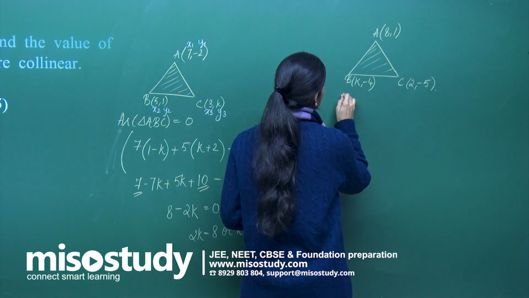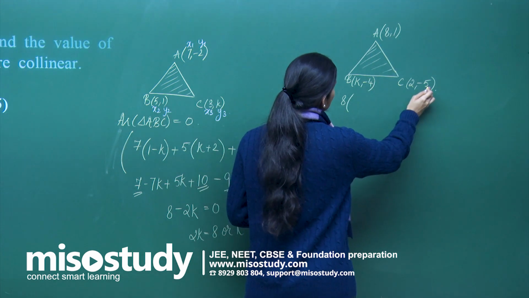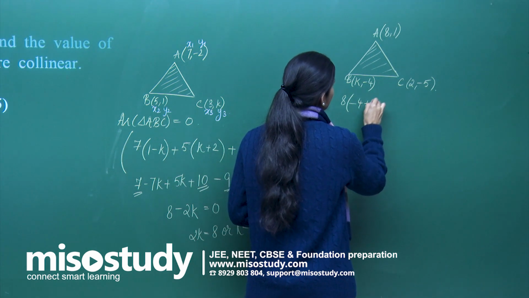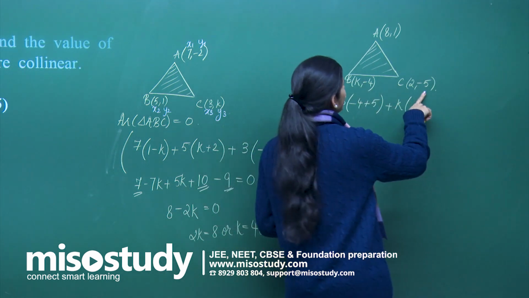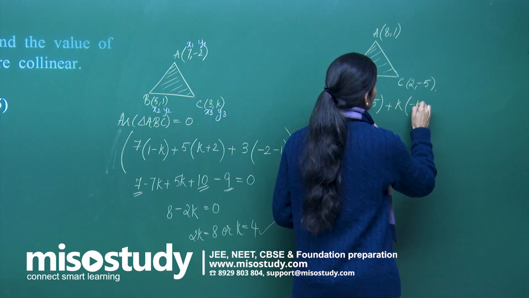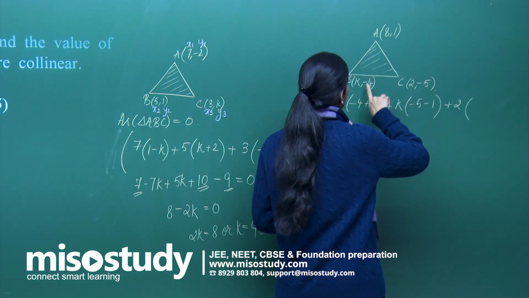So you have x1, that is 8, x1 (y2 minus y3), so minus 4 plus 5 it will become, plus x2 (y3 minus y1), minus 5 minus 1, plus x3 (y1 minus y2).